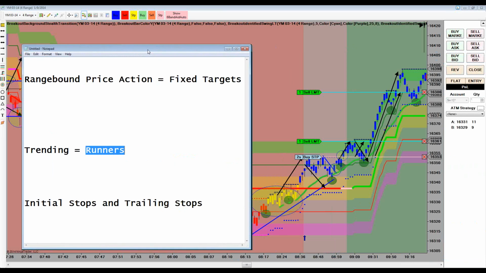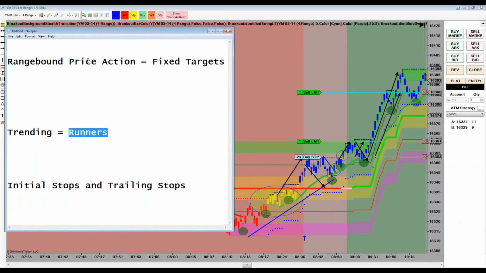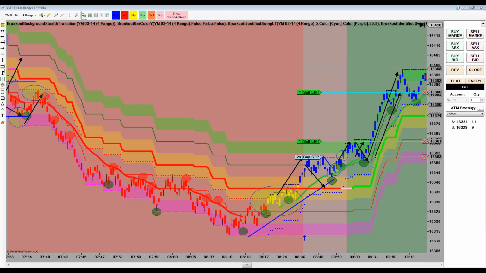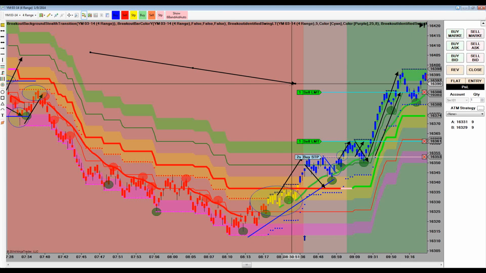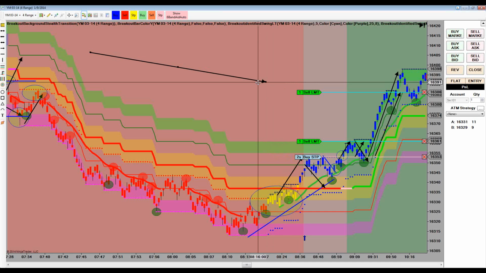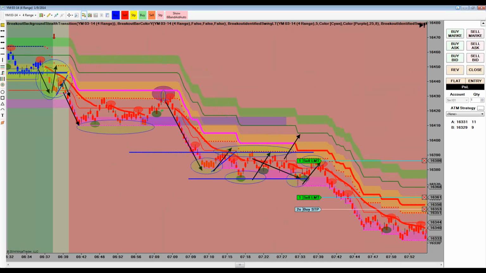So just to recap. Range-bound price action, you're going to look for those fixed targets, and we talked about minimum acceptable ranges, 20 to 25 ticks. And here again, just because it's 20 ticks doesn't mean you have to trade it. You have to assess several things, right? You have to assess how clean the top and bottom are. You have to look at many factors.